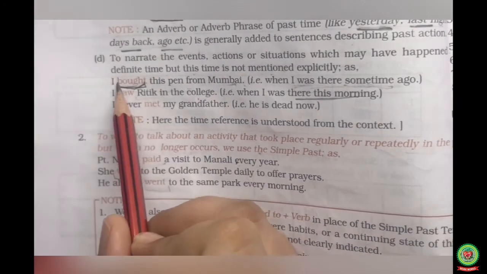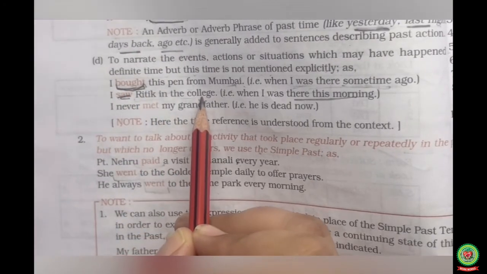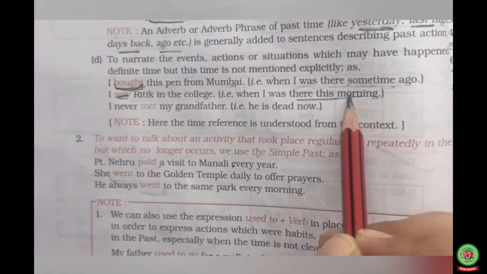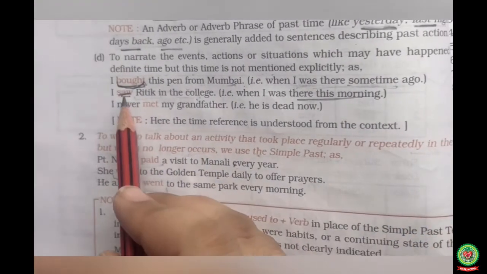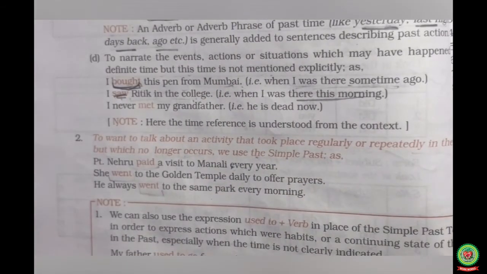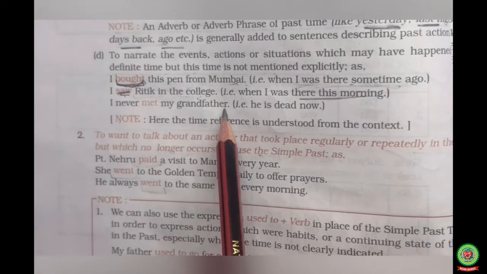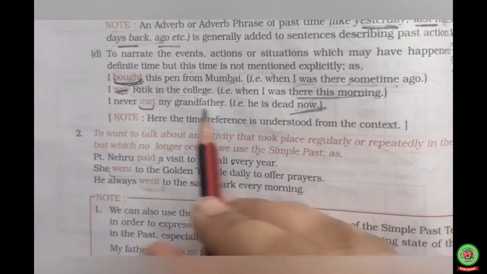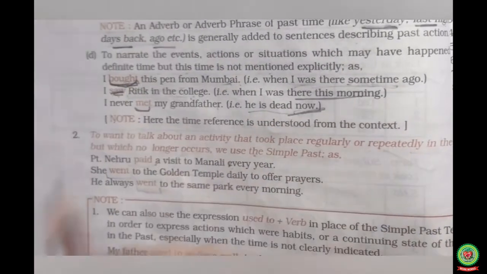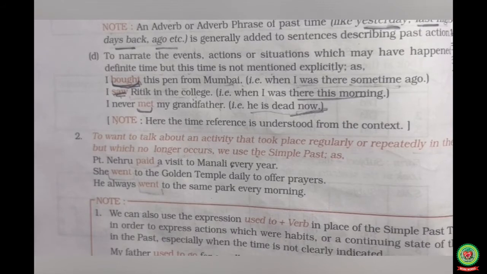So the simple past form will come. I saw Ritik in the college. Means when I was there this morning, I saw Ritik there. So this is also obvious. You are going to use the same simple past form. I never met my grandfather. Met means he is dead now. So the action has taken place, so we are going to use here the second form, that is the past form.